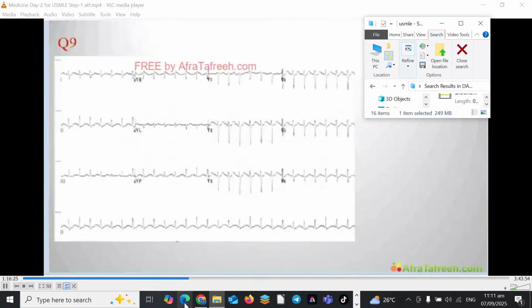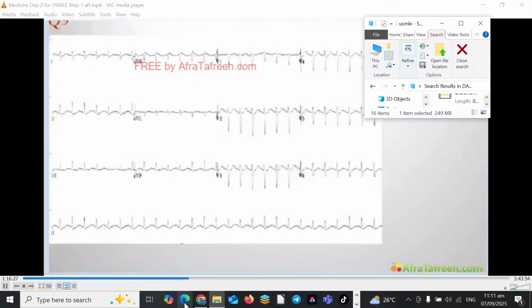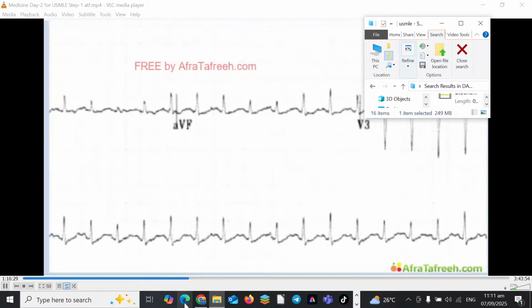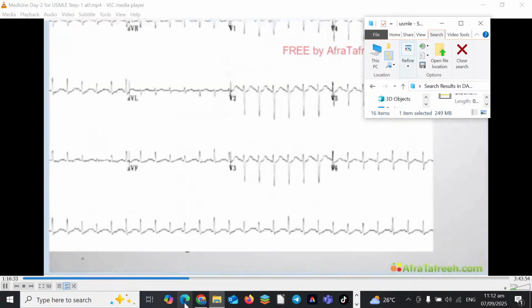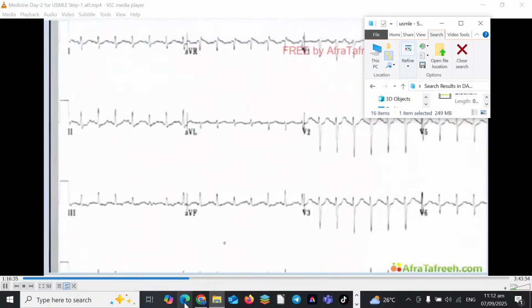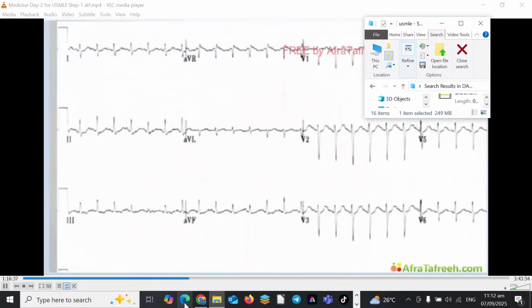Now look at this ECG here. What is the axis and what is the rate, and can you identify the rhythm?